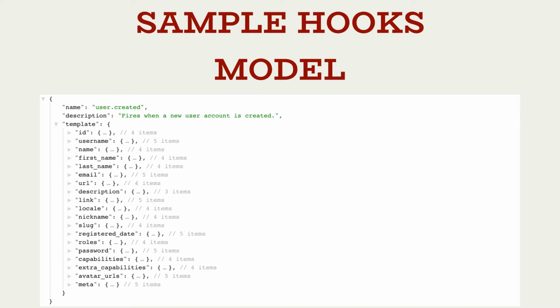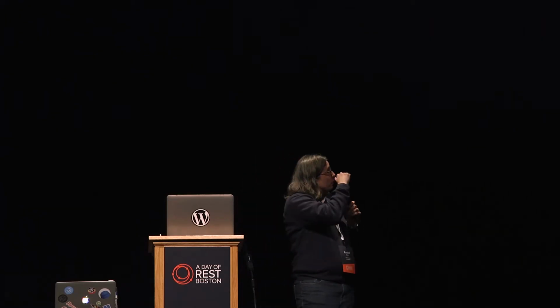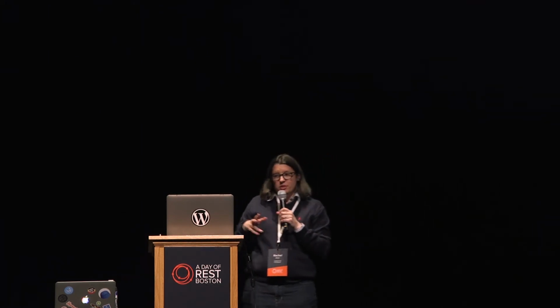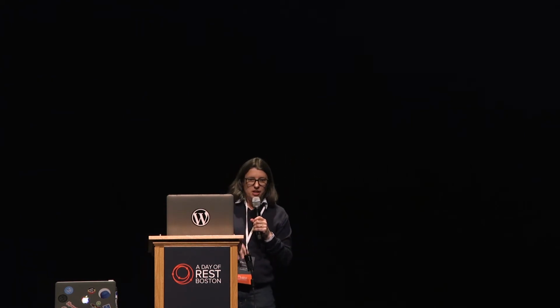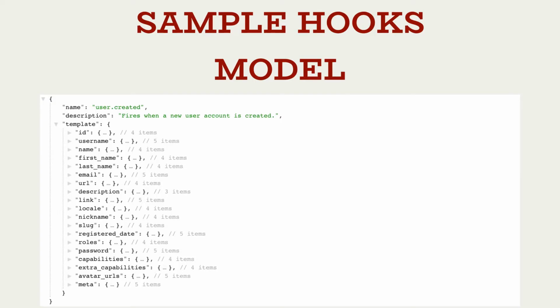So a model for how you do it is, for each hook you want to show the hook name, which is recommended to be noun.verb, so user.created, user.updated, user.deleted, post.created, post.updated, post.deleted, etc. Give each one a name for the object and what the event was, plus a description so people know what it is.